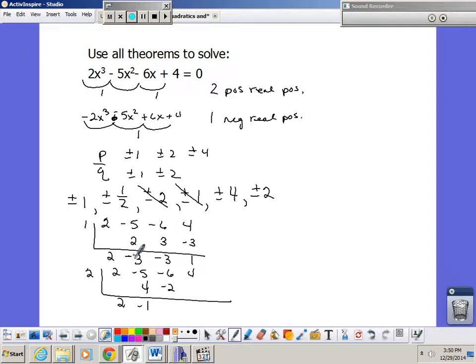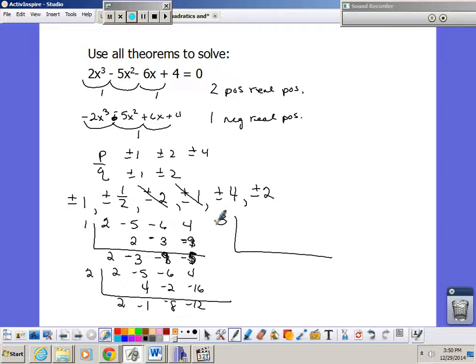Hey, that was a negative, so that should be -3, should be -9. That should be -9, so it should be -5. Sorry. -1, -2, -8, -16, -12. Nope.